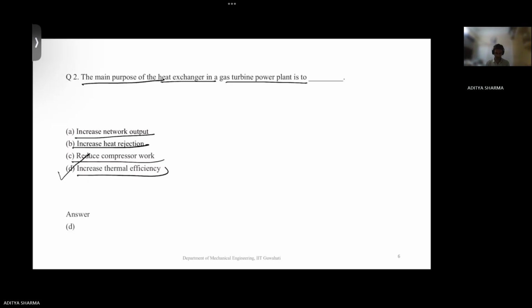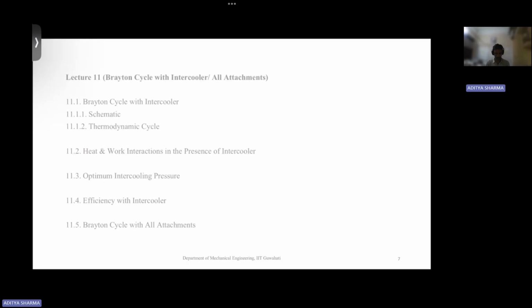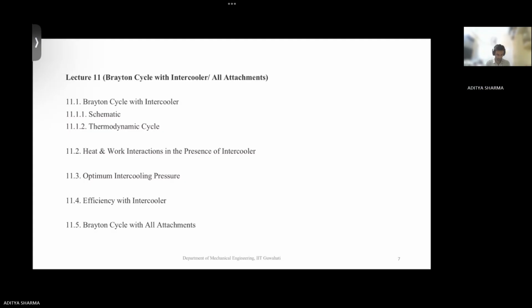All right. So these are two questions based on your lecture number 10. Then there are numericals based on your lecture number 10 that you will take along with numericals of lecture number 11 and 12. Essentially lecture number 11.